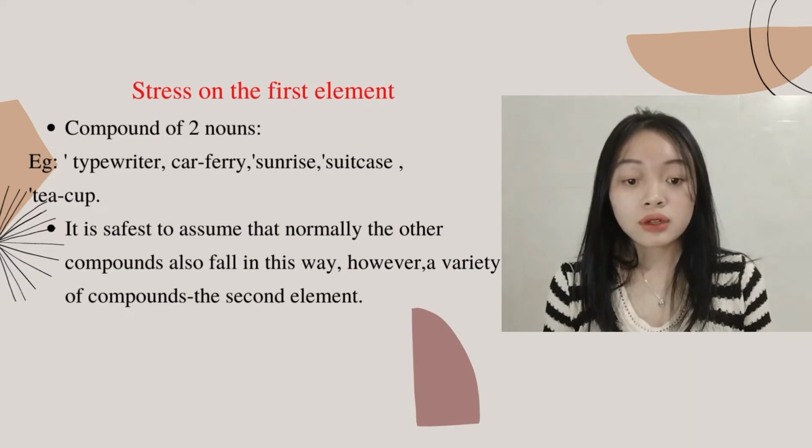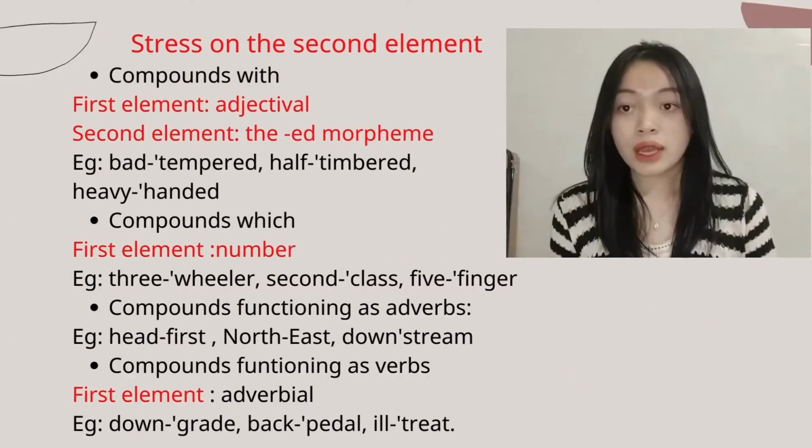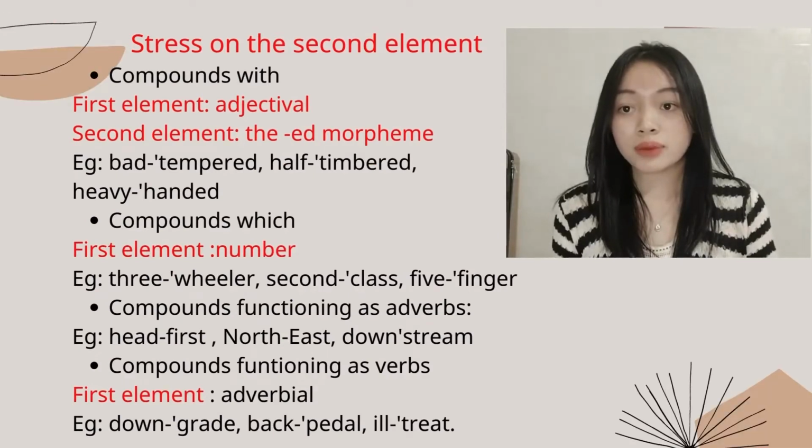However, a variety of compounds take stress on the second element, for example compounds with an adjective as the first element. Examples: bad-tempered, half-tempered, heavy-handed. Also compounds with a number as the first element. Example: three-wheeler.